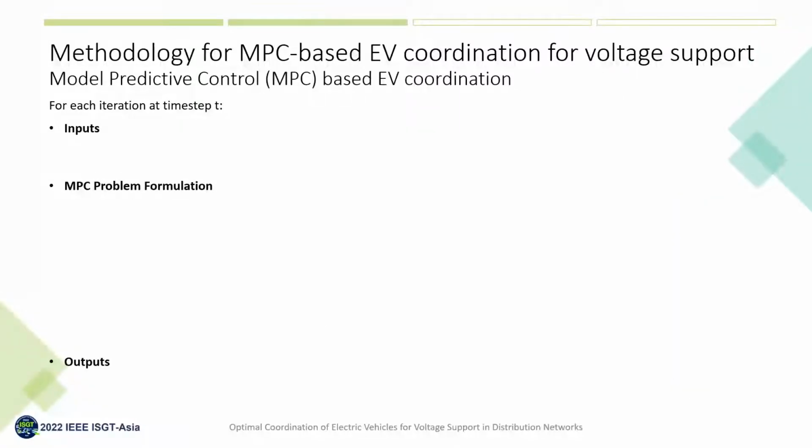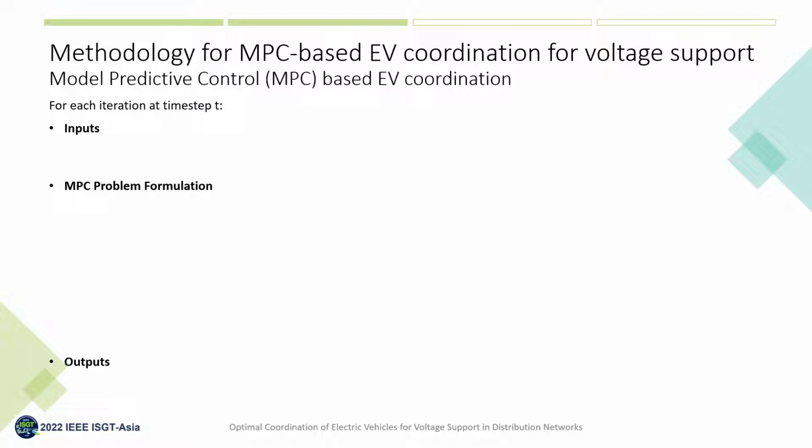After generating all the EV user samples, we developed the model predictive control-based optimization tool for EV coordination. MPC is used because of its ability to both consider the future and adapt to current changes. At each time step, the MPC tool receives the inputs, optimizes the EV operations, and derives output solutions, which are EV active and reactive power scheduling.